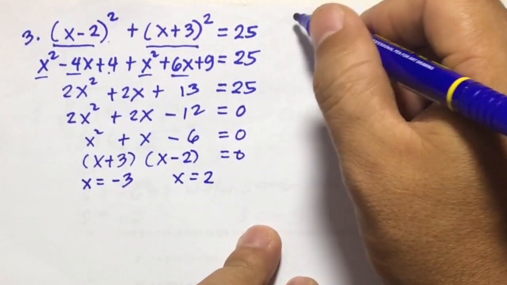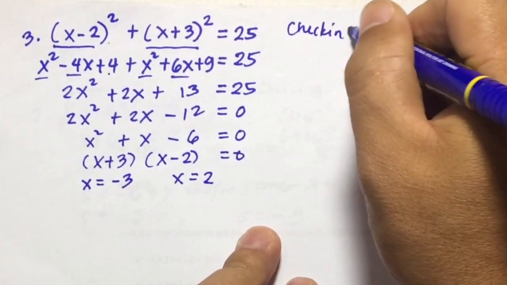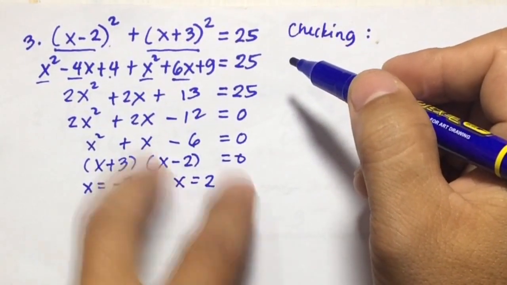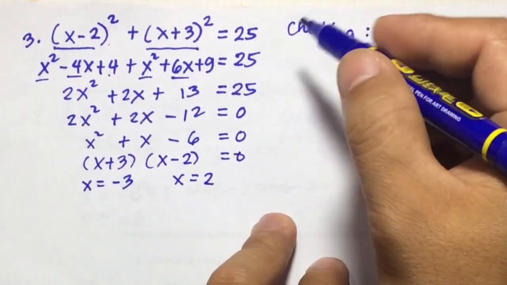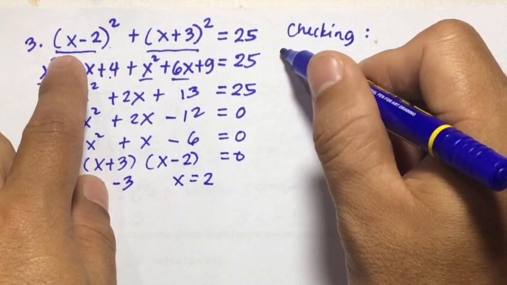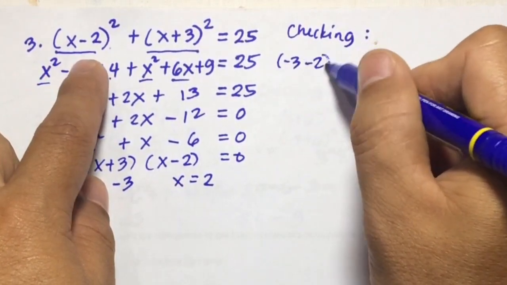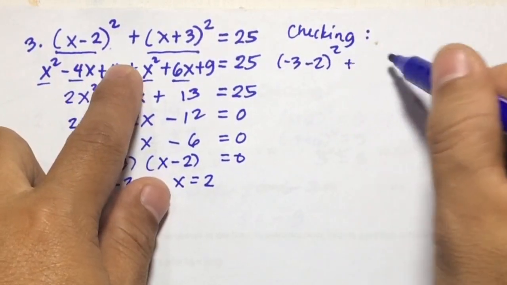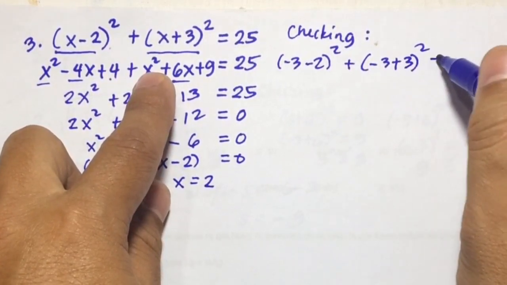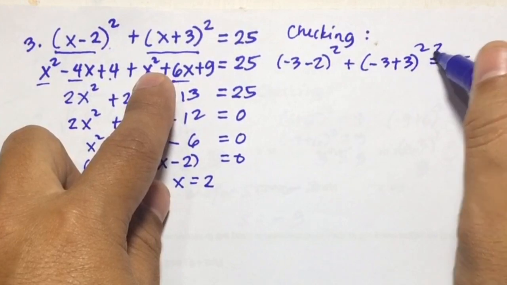And to check if our answer is correct, we're going to substitute negative 3 and 2 to x in the original equation. So if x here is equal to negative 3, so we're going to have negative 3 minus 2 squared plus negative 3 plus 3 squared, is it equal to 25.